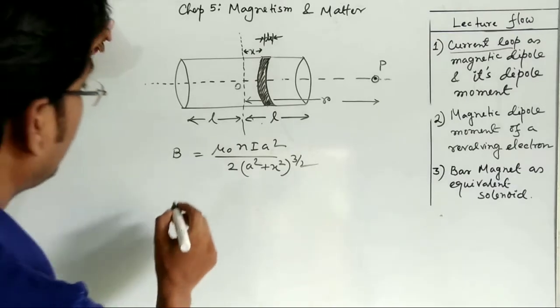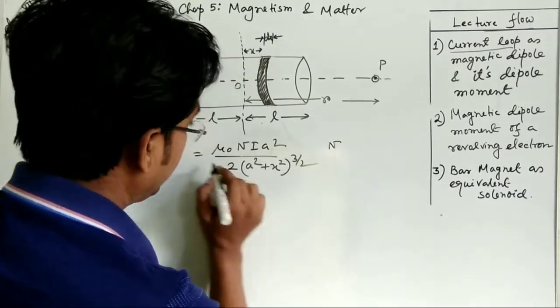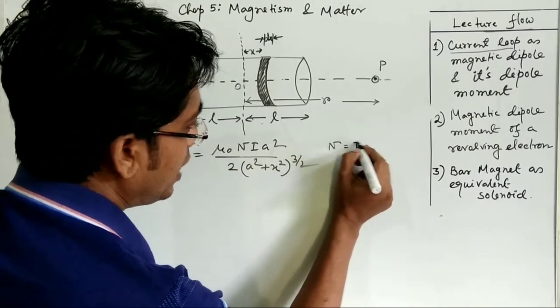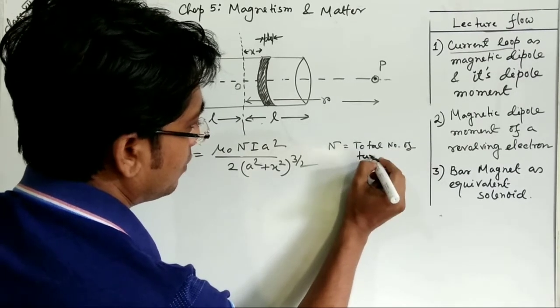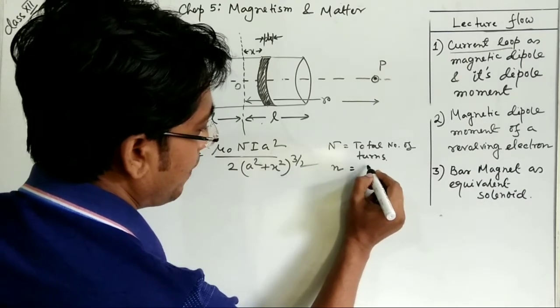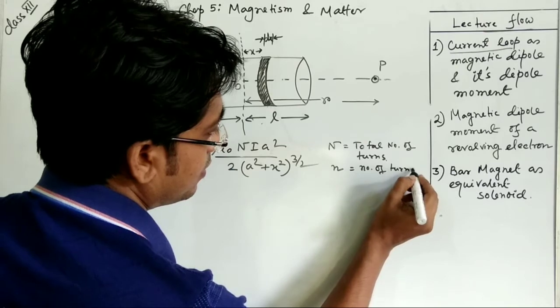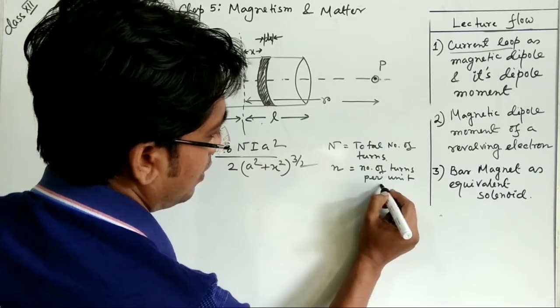So in this section we will write mu0 N i a square by 2 into a square plus x square whole to the power 3 by 2, where capital N is the total number of turns, and small n is the number of turns per unit length.